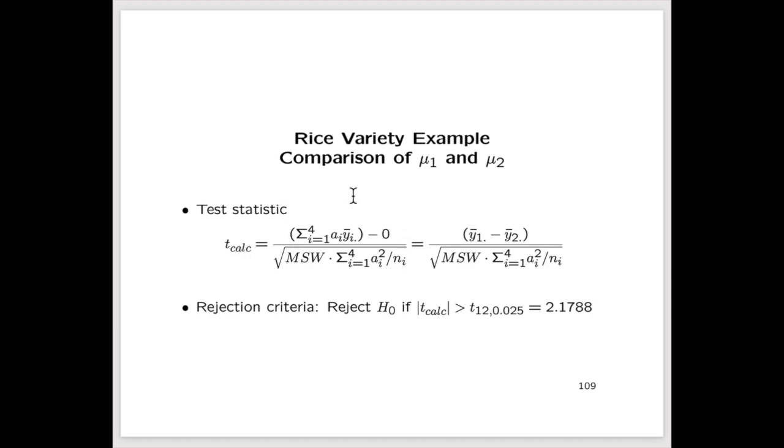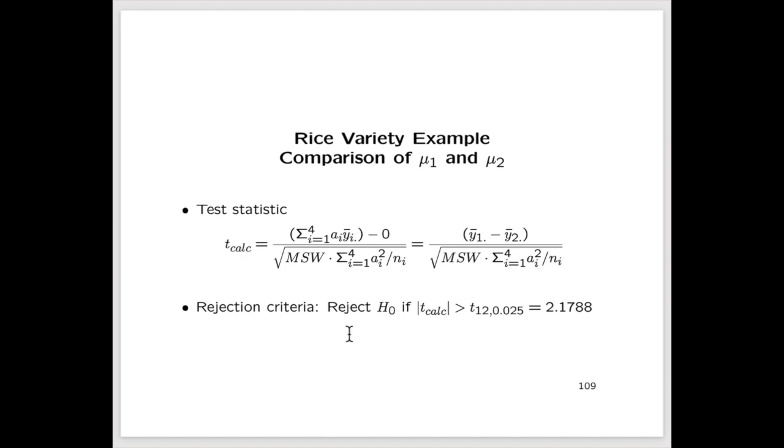Now the numerator of the test statistic simplifies to y bar 1 dot minus y bar 2 dot. Then we would plug in the MSW and evaluate this linear combination.